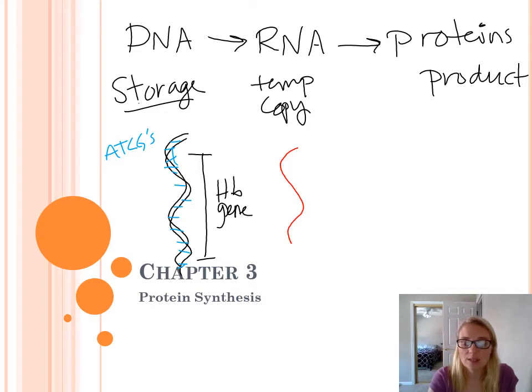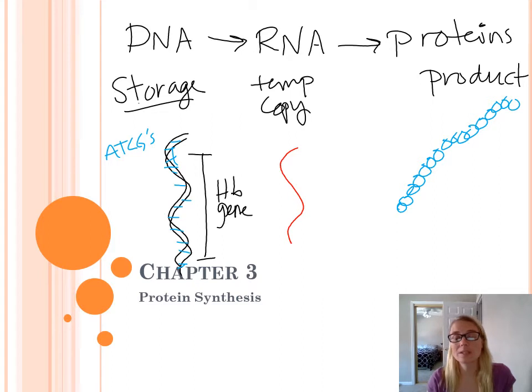And in that process of what's called translation, we get a whole bunch of amino acids, which is what proteins are made up of, right? So the sequence of bases coded in the DNA that was copied in the RNA gets translated in this very specific sequence of amino acids, which will eventually fold around and give us the protein of hemoglobin.